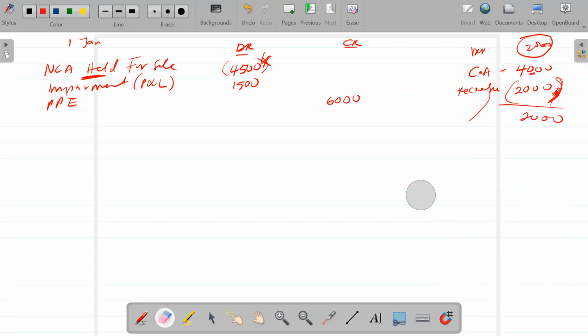So we have non-current asset held for sale 4,500 and impairment loss 1,500. So this is 6,000. This is also 6,000. Correct.